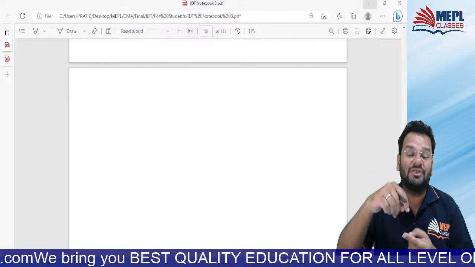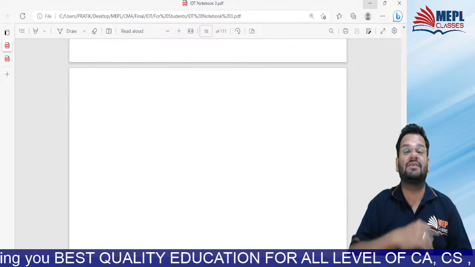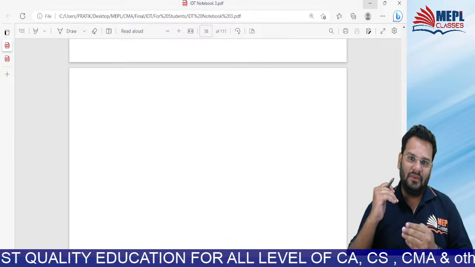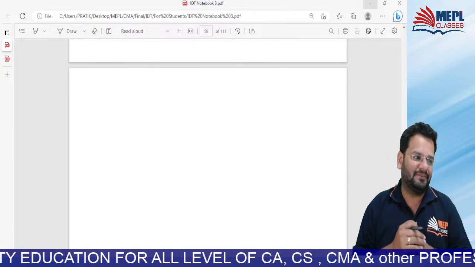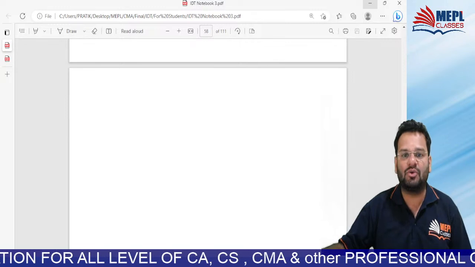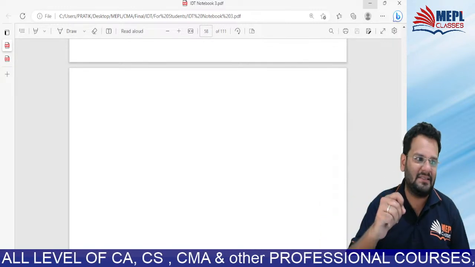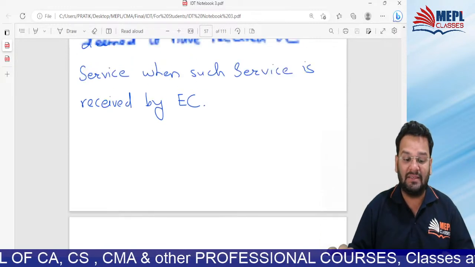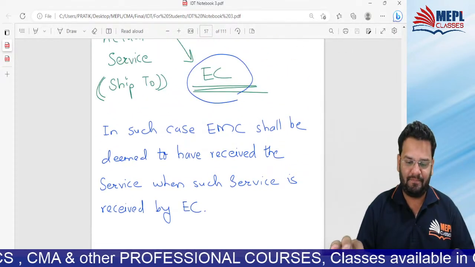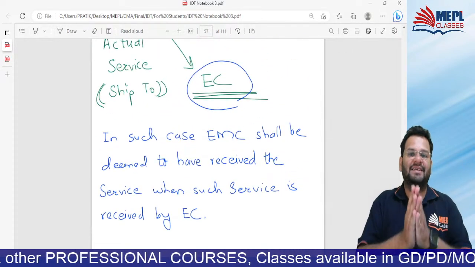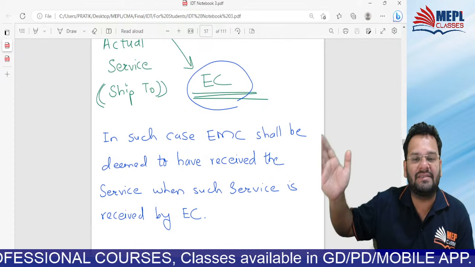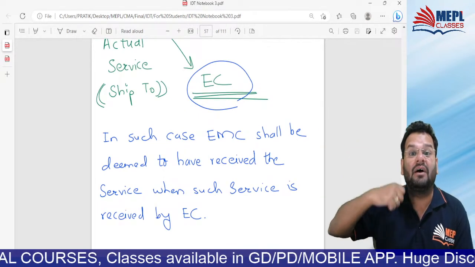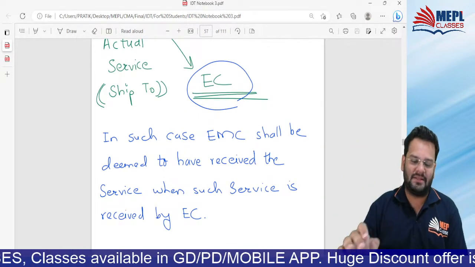Today's discussion is going to be on utilization of that ITC. The ITC which you have availed is there in your e-credit ledger, yes or no? Now that availed ITC we have to utilize.